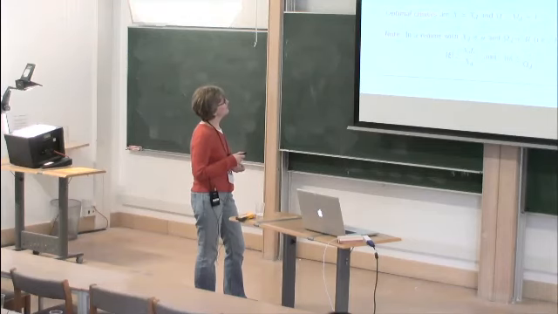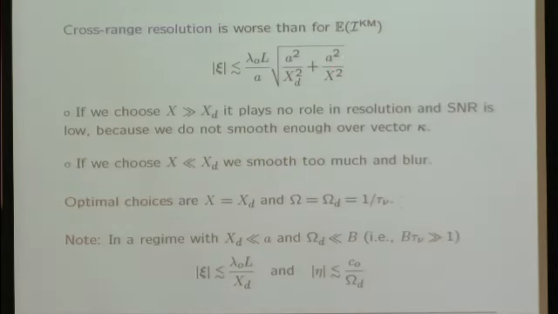Again, what do you achieve? If x is much bigger than xd, you are not going to achieve much in terms of resolution, because it is much easier to see here than previously: when x is much bigger than xd, this term is very small with respect to that one, so you can just forget about it. However, when x is much smaller than xd, this one dominates and you get too much blur.